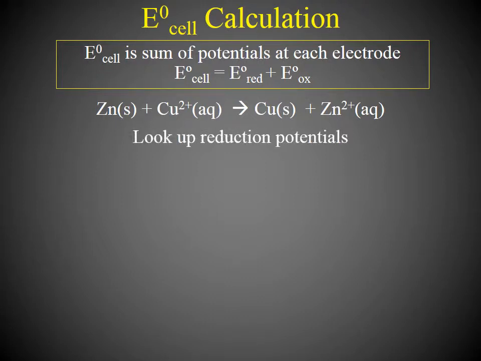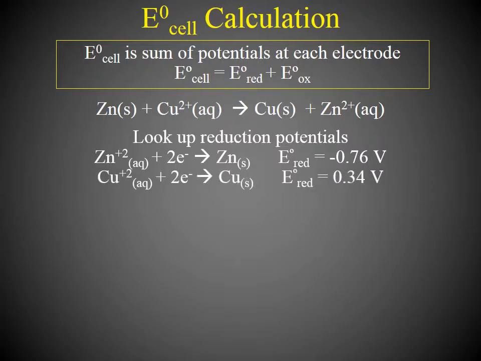So first thing you do is look up the reduction potentials values in the table. And of course, they are written all as half reduction reactions, which I proceed to do, as you see here. And then I go and get the copper 2 reduction value, and I write the information here.